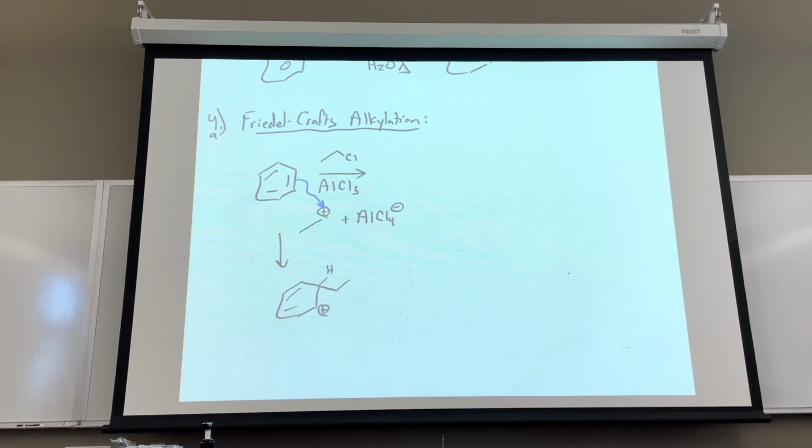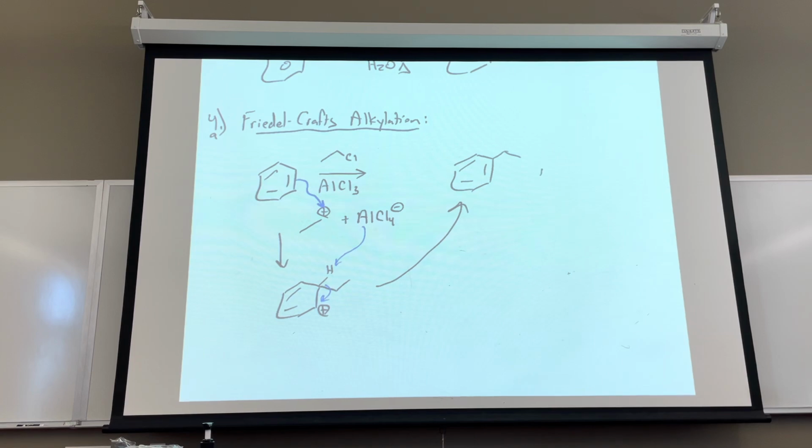So now our 2-carbon ethyl group is attached to the ring in this high energy sigma complex. And then the conjugate base, the AlCl4 minus, comes in to grab that proton. And in the end, you end up with the ethyl group substituted onto the benzene ring.